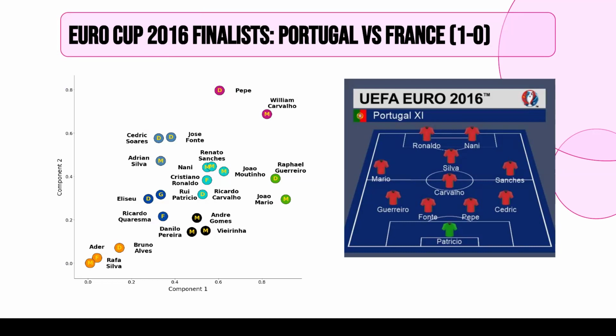So here we have the players that didn't contribute much to the passing network, and in this area we have the players that were most central in the passing network. An interesting feature of this representation is that Cristiano Ronaldo, whom I'm sure everyone in this room knows, and who also won the Golden Ball that year, is central in this representation.